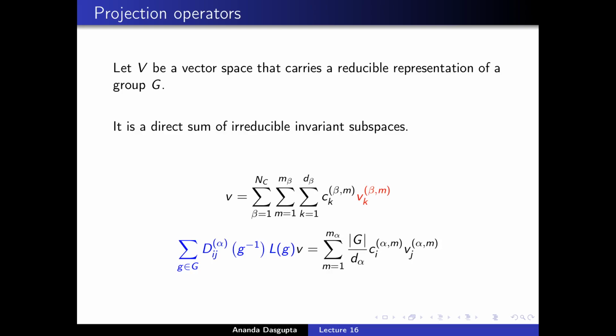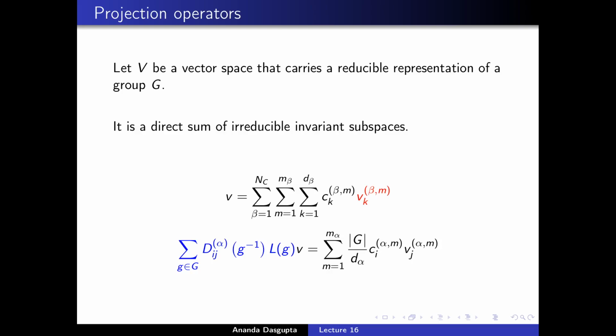You still have a sum over m going from 1 to m alpha, and that means that if you have several occurrences of the same irreducible representation in your vector space, then this operator, d alpha ij g inverse Lg summed over all g, acting on V will not be able to pick out a particular basis vector, but it will pick out all the jth basis vectors in all copies of the alpha irreps.